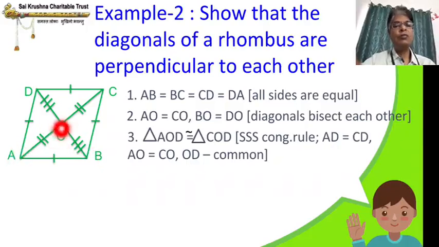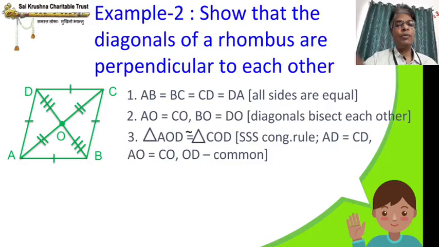I have written AOD, COD, because OD is common, and AD is single dash, CD is single dash. So, what has happened? AD equal to CD, AO equal to CO and OD is common. Because of this, all three sides are equal in both triangles. So, both triangles are congruent with each other.